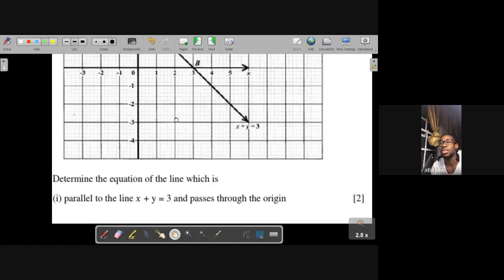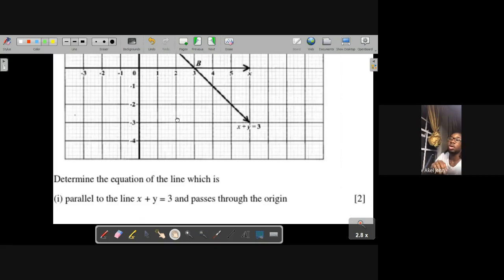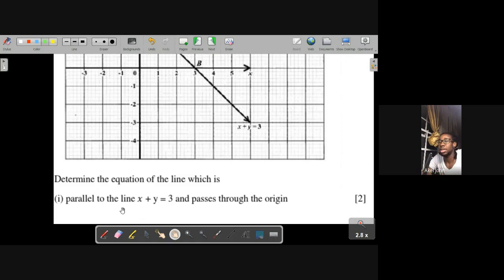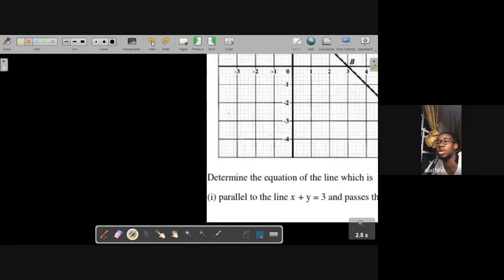They want us to determine the equation of a line which is parallel to the line x plus y is equal to 3 and passes through the point of origin. So key words here: parallel, and it passes through the point of the origin.